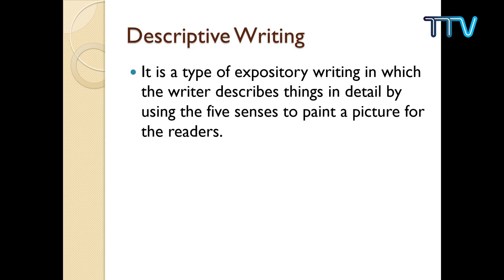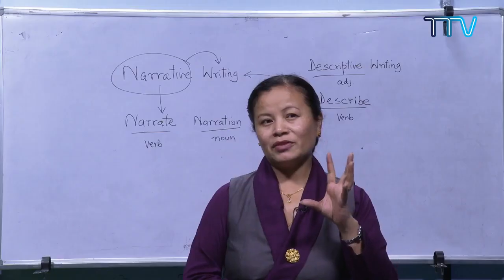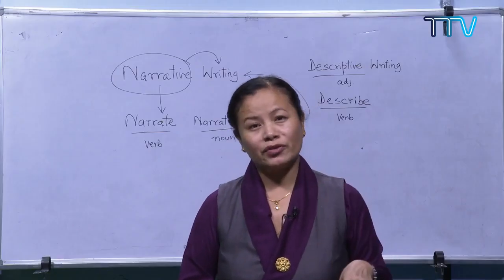Expository writing is informative writing where the author or the writer explains or informs. But descriptive is a type of expository writing, and you need to understand that not all expository writing may be descriptive writing. So descriptive writing is a kind of expository writing.